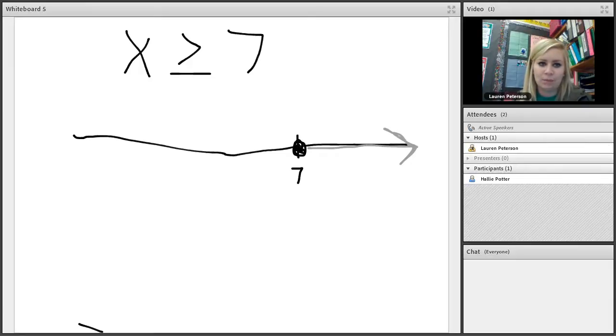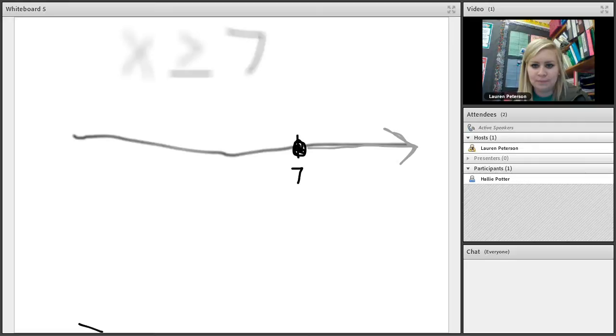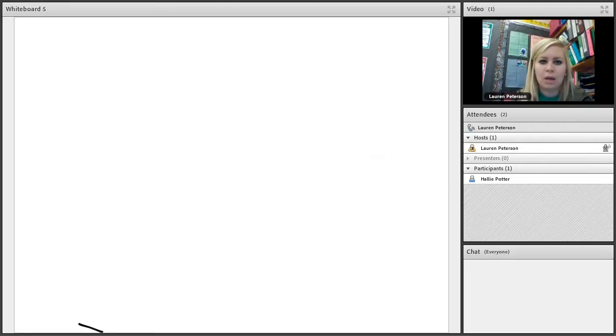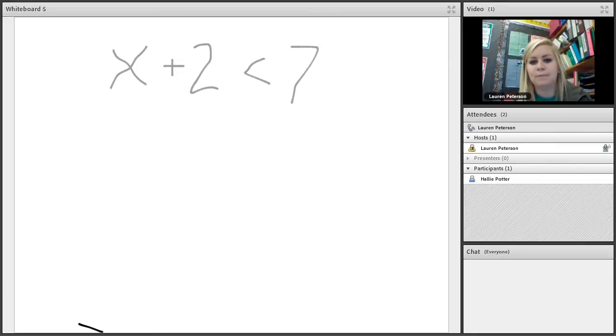And the last thing I want to remind you of before you get on break is that you might see some math problems that have, well, it's kind of an equation, but let's say I have x plus 2 is less than 7, and we're going to say x equals 4.